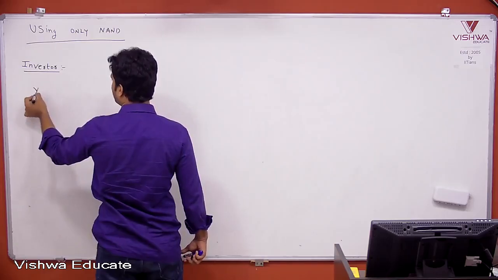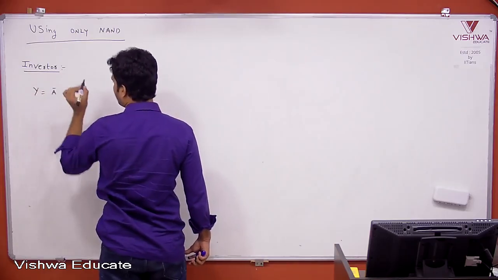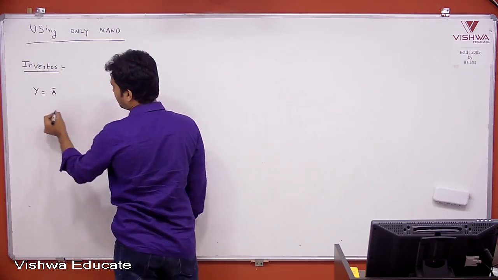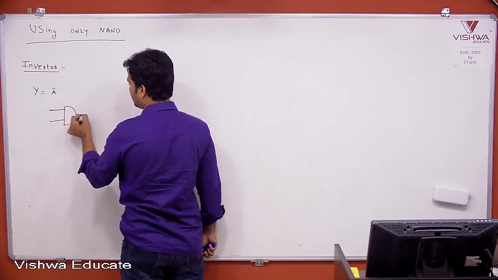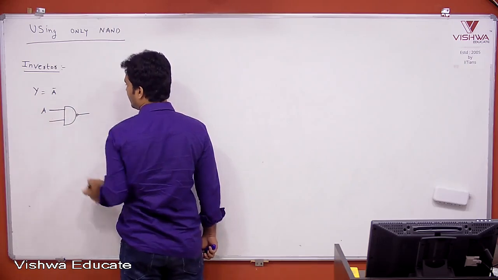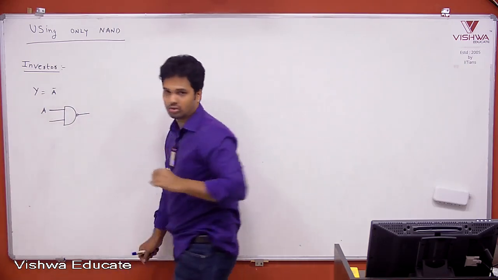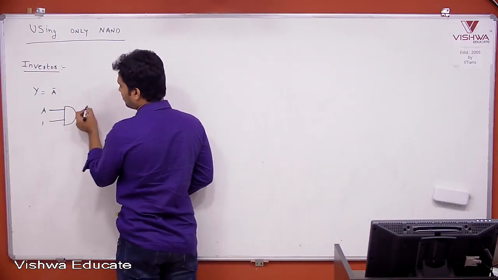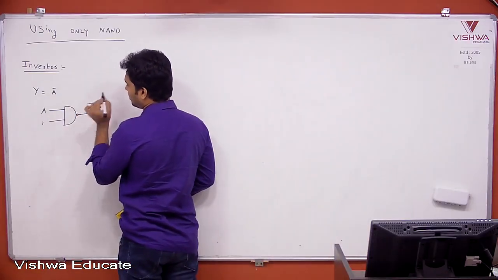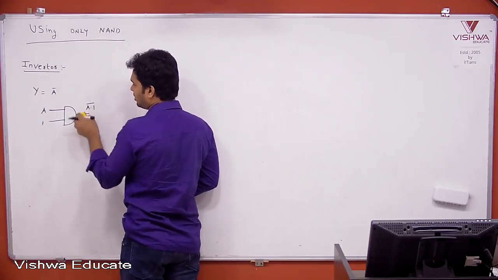Inverter: Y is equal to A bar is the required condition. Then how to get it? Say you have a NAND gate. If you give one of the inputs as A, there are two ways you can make it. If the other input is 1, what is the answer? A into 1, bar, which is A bar. This is one way, and it is actually the best way.